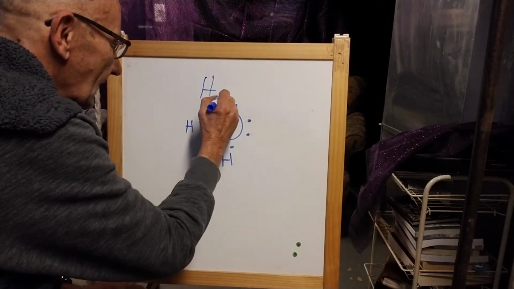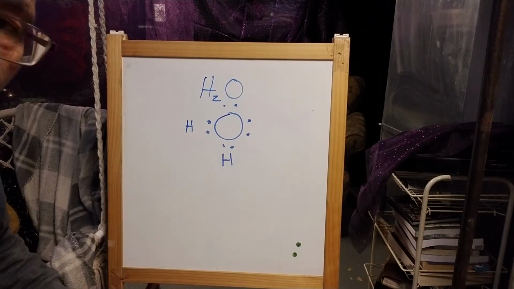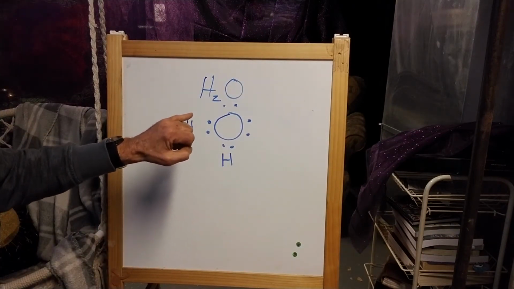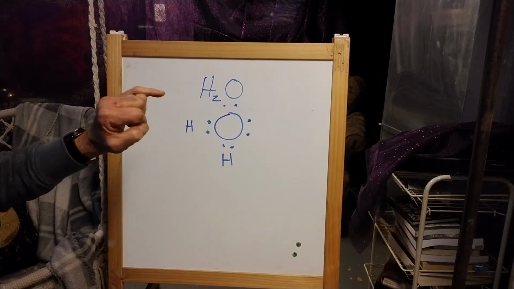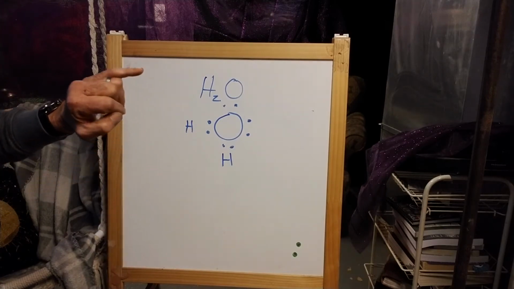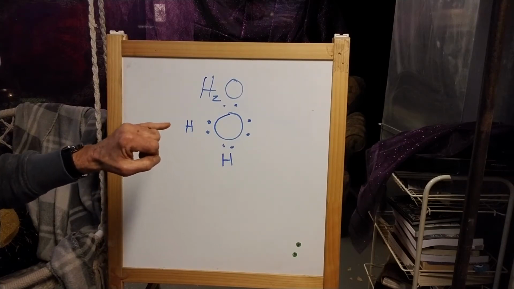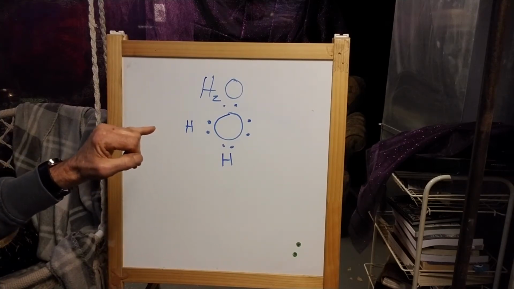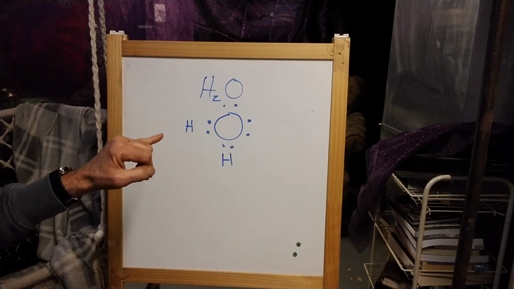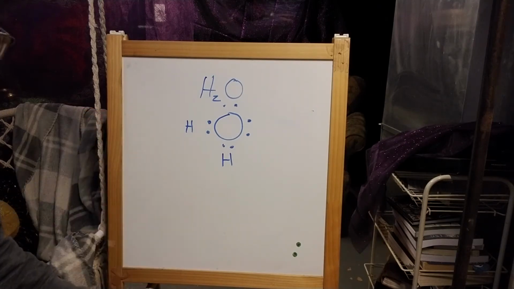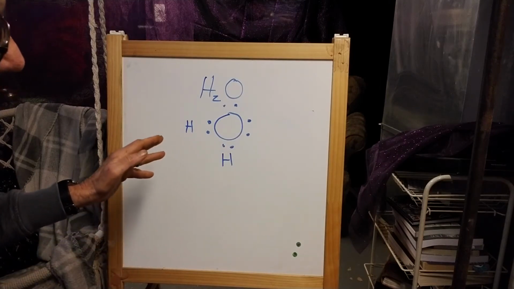H2O. Plain old good water. And we will probably do a video in the future on water alone, because in reality, it is one of the most mysterious. And of course, obviously, it's vital to life.